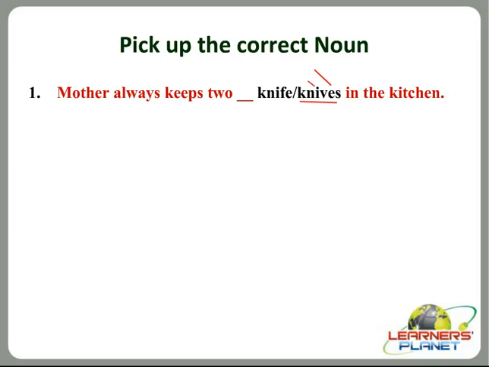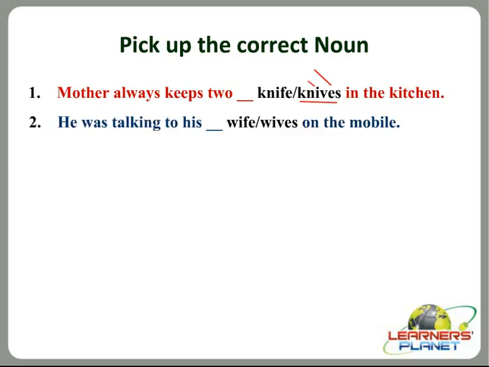Alright students, let us go to the next. He was talking to his dash on the mobile. Yes student, to his wife or wives.